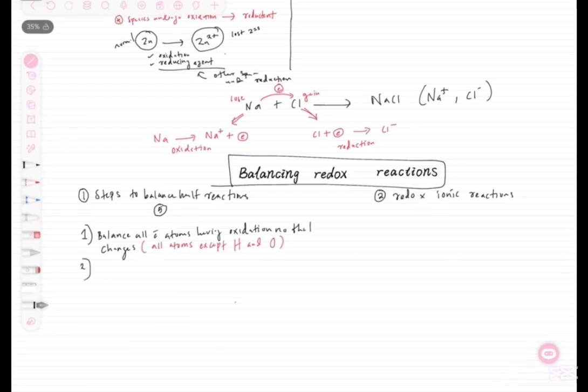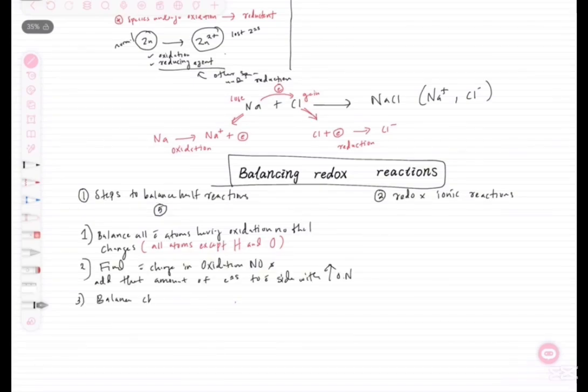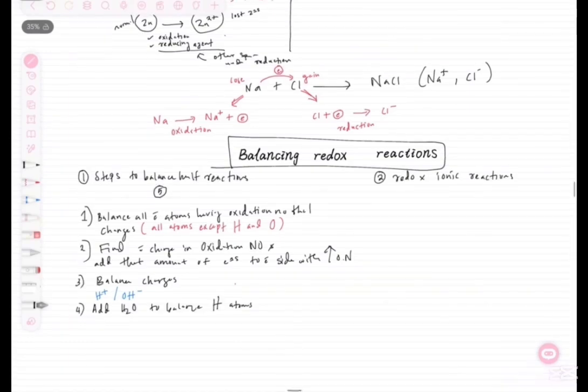Step 2 is we have to balance the charges. When balancing charges, according to the medium, H+ or OH- should be added to the suitable sides. The next step is to balance the number of hydrogen atoms by adding water. The last step is to check if the oxygen atoms are balanced or not. That's it.